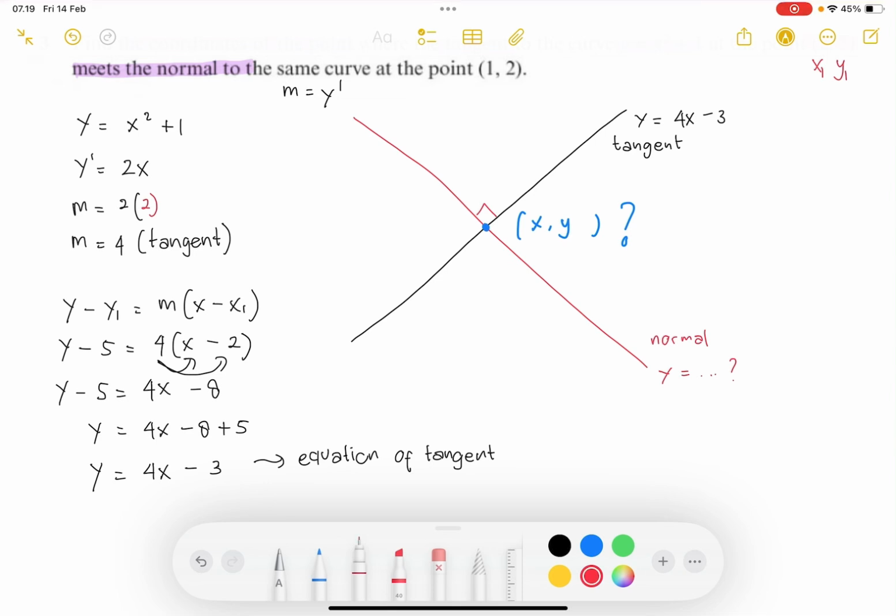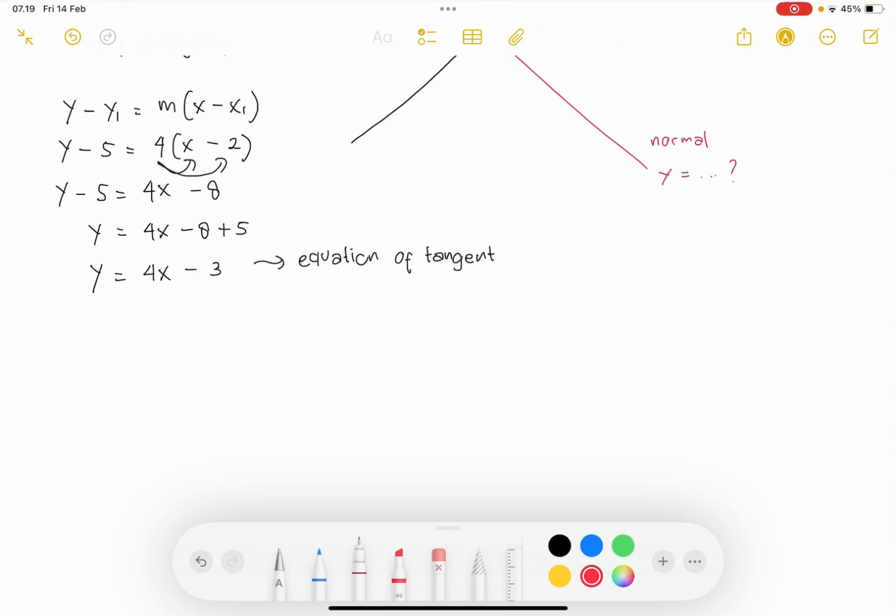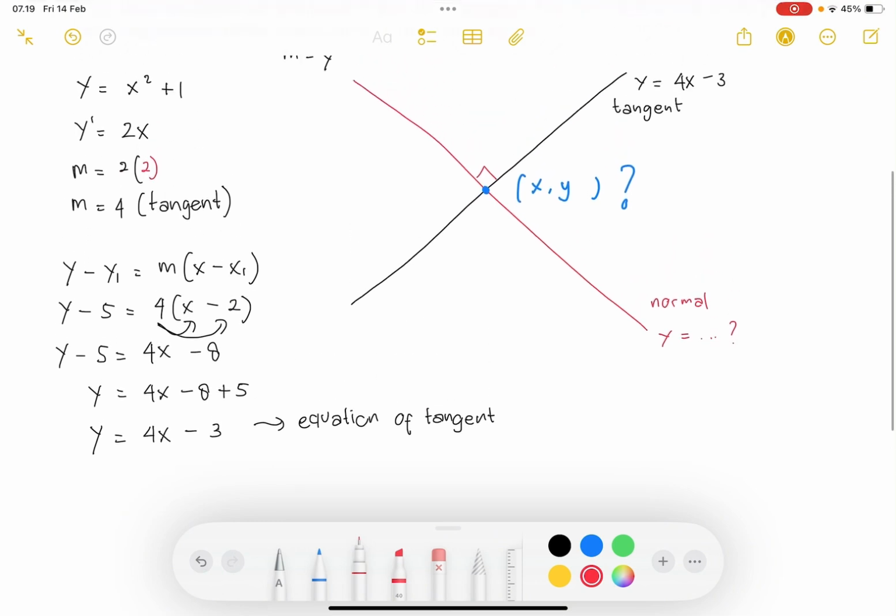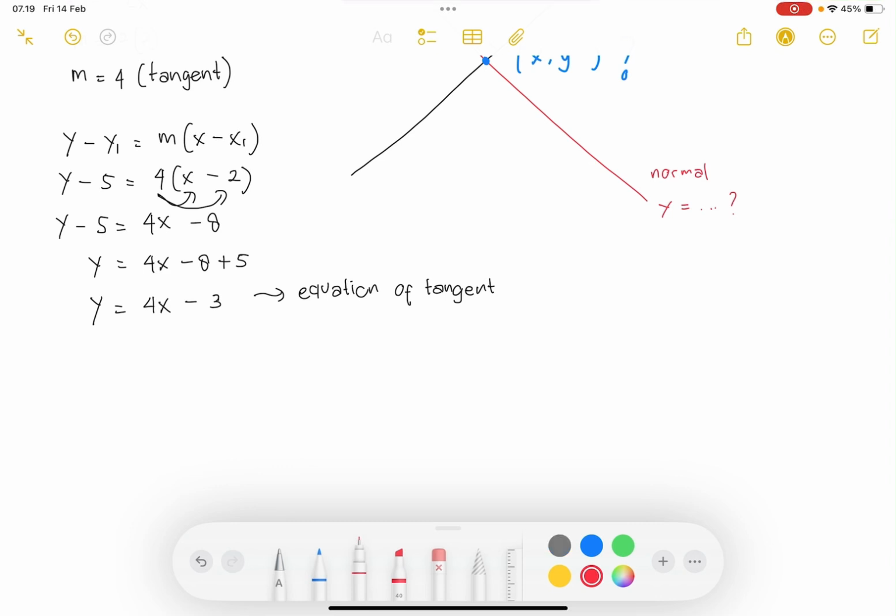Now for the normal, how can we find the normal equation? First of all, we need to find the gradient of the normal. You know earlier that the m of the tangent is 4, and remember that the relation between them is perpendicular.